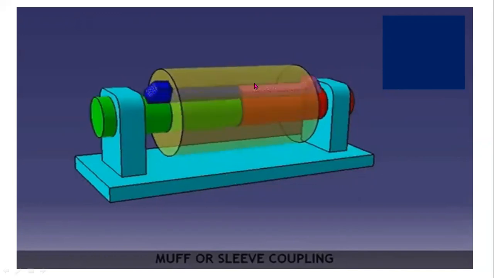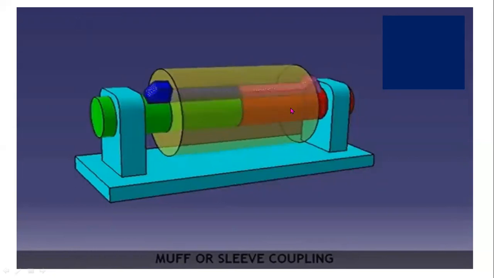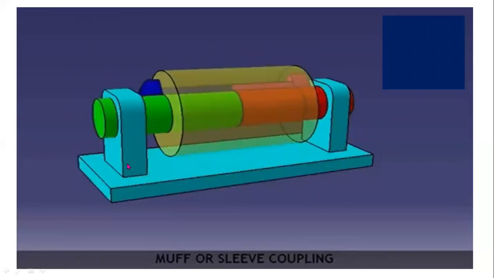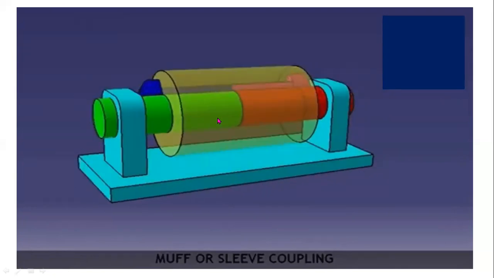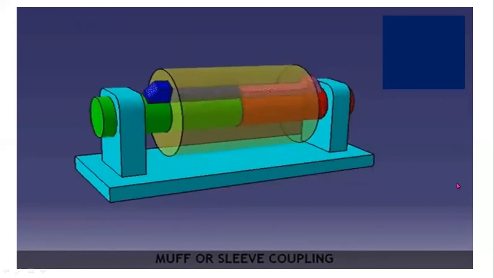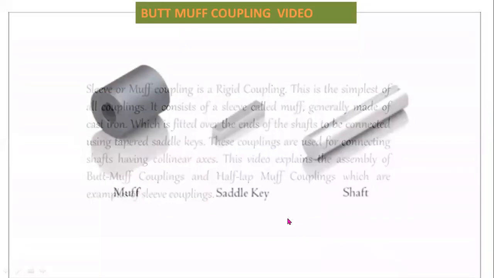Here this is a horizontal key, that is a gib head key. Gib head key is used to hold the shaft and coupling parts. This is the sleeve or muff coupling. It is a hollow type shaft. Sleeve or butt muff coupling.